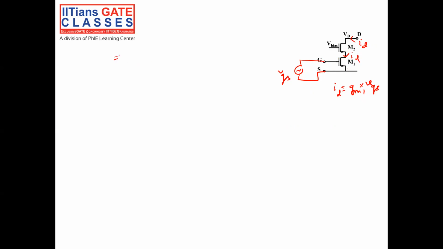So the final ID is equal to GM1 into my input AC VGS. So the output current ID divided by my input AC voltage is the transconductance of my transistor M1 only.